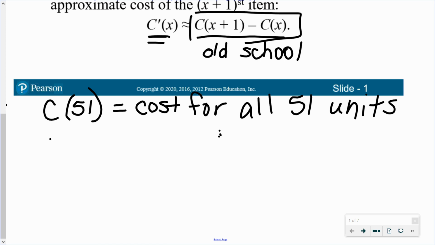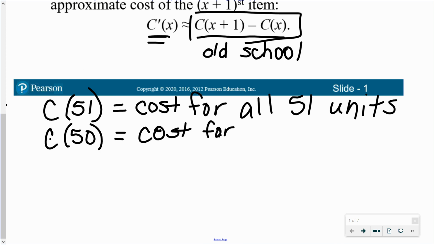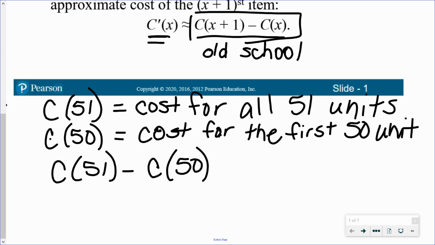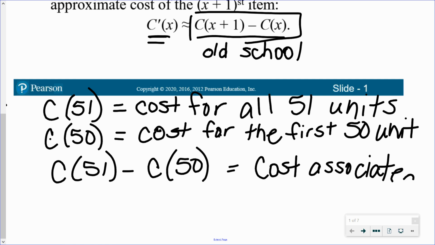Then I have to take C of 50, which gives me the cost for the first 50 units, and I would subtract the cost of the first 50 units from the cost of the first 51 units, and that difference would tell me the cost associated with just unit 51.